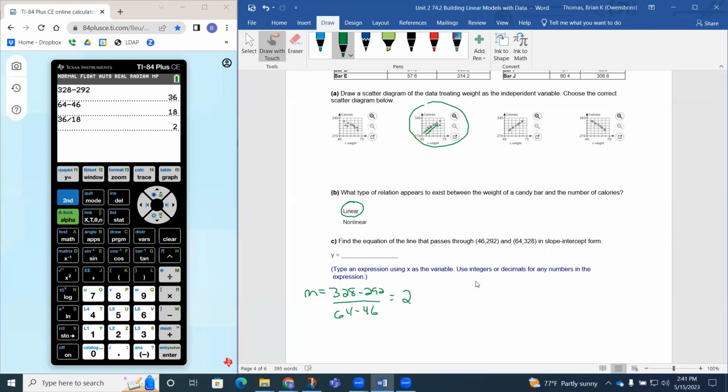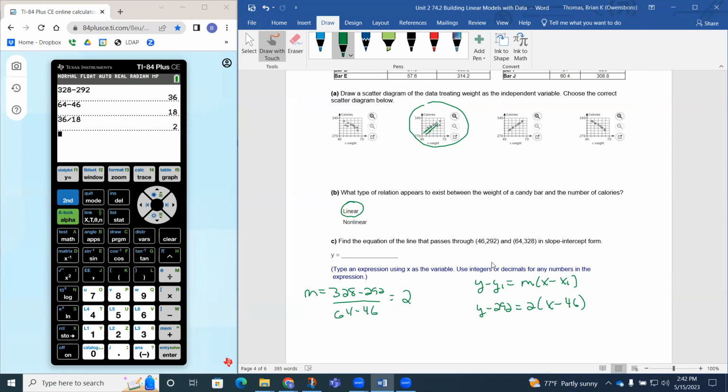Now, to use the point-slope formula, we have y minus y1 equals m times x minus x1. Neither point looks all that great, so I'm just going to use the smaller one. So y minus 292 equals m, which is 2, times x minus x1, which is 46.